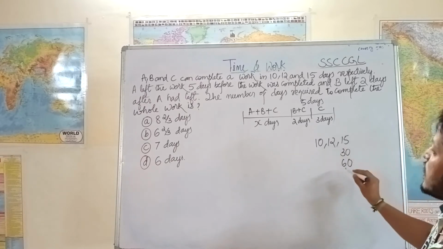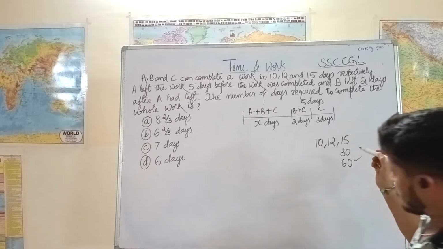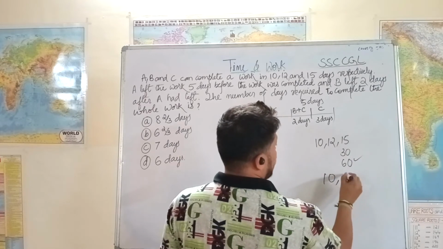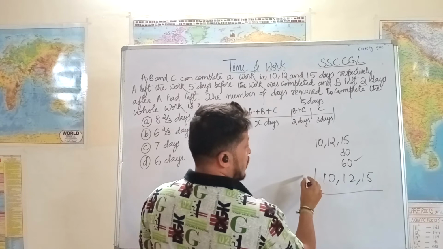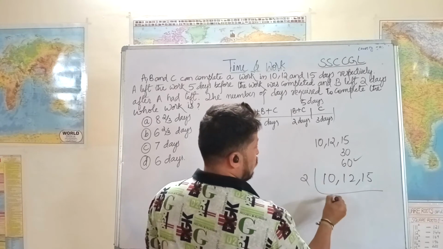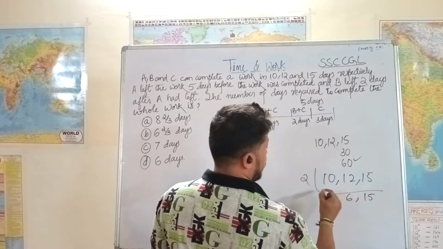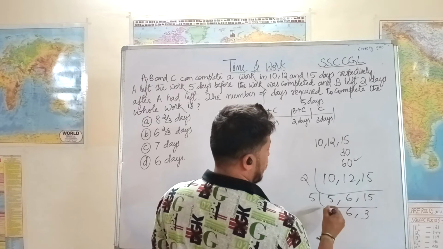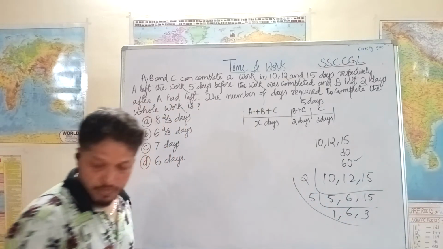You can try some numbers, so easily you can find 60 matches with this. This is the easiest way to find it. Or you can divide 10, 12 and 15 by 2, 5, 6. Sorry, this cannot be divided. Again with 5 you try, 6 cannot be divided, and 3. This way you can find, and then you also get the same 60 as LCM.